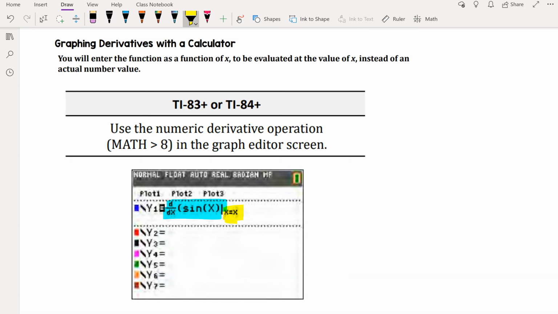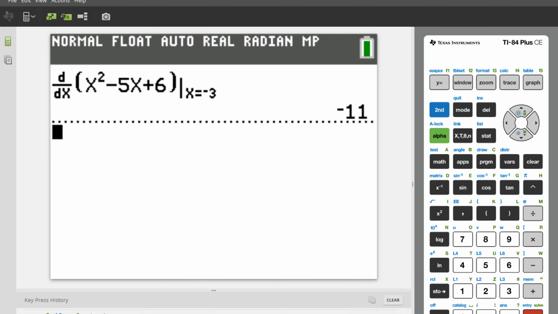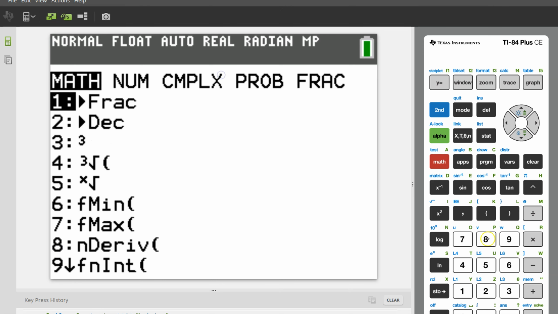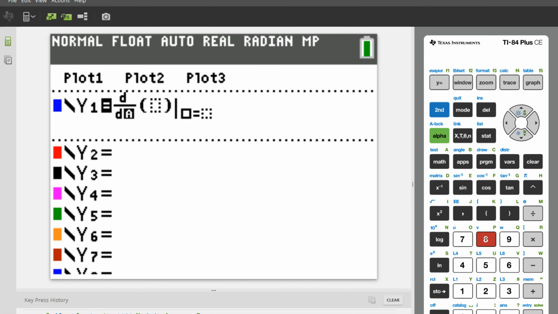So let me go ahead and do this. We're trying to graph the derivative of sine just to see what we get. I'm going to go to Y equals, and then math 8. That gives me the derivative with respect to x. I'm graphing the derivative of sine x, and then I need another parenthesis to close that off, at x equals x.